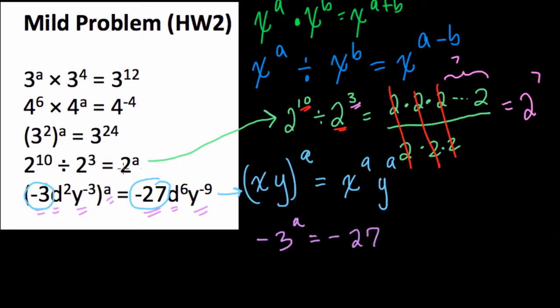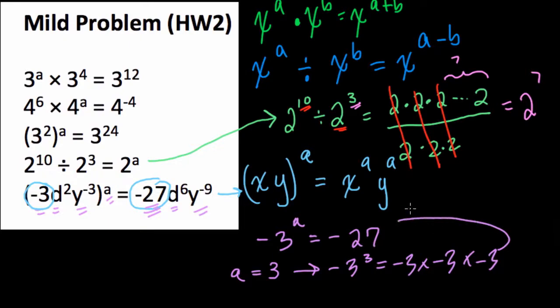Because we know the law of exponents here is telling us that if these two things are equal, we can apply this exponent to each piece, each term inside the parentheses. So we're going to raise negative 3 to some power, and that's how we got negative 27. So what will do that? Well, if a is equal to 3, that means what? Well, we have negative 3 to the 3rd power, which is equal to negative 3 times negative 3, that's positive 9, times negative 3, and that's negative 27.